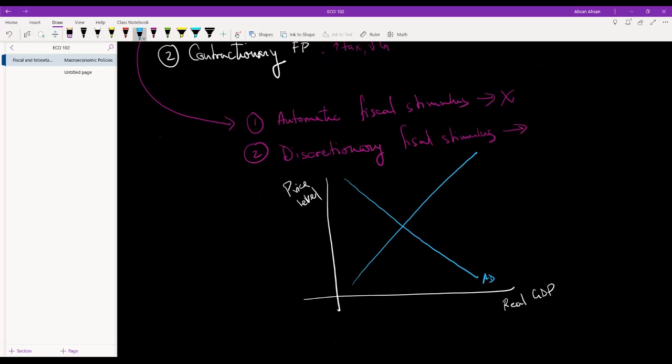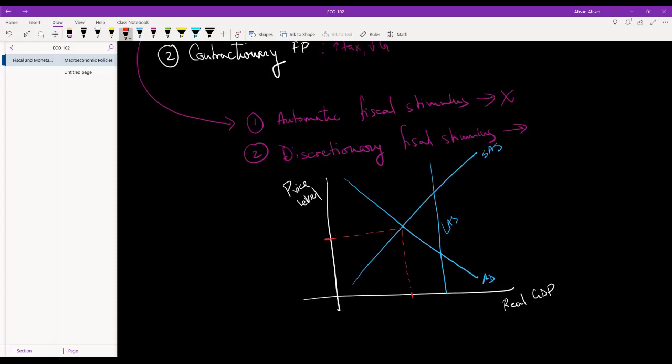We have a short-run aggregate supply, and we also have a long-run aggregate supply. Right? You've all seen this diagram before if you've done the AS-AD chapter. And so suppose this is the equilibrium in the economy right now. So this is how much GDP is, and this is what the price level is.